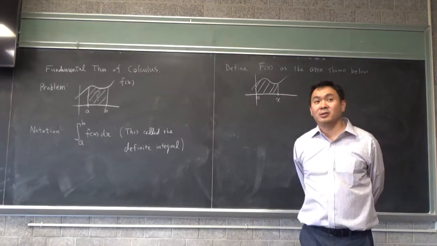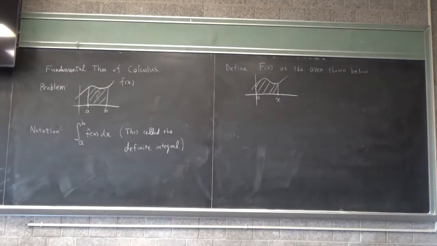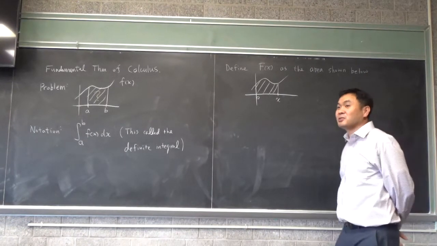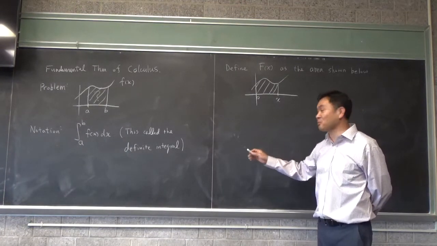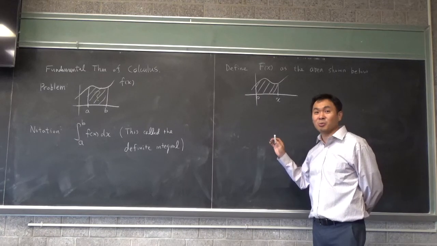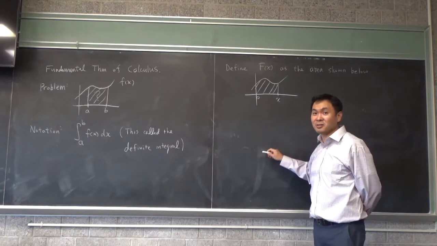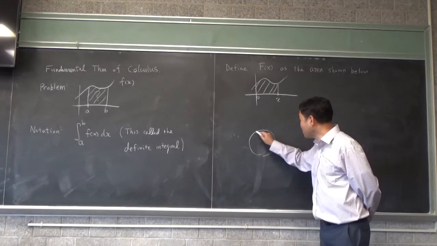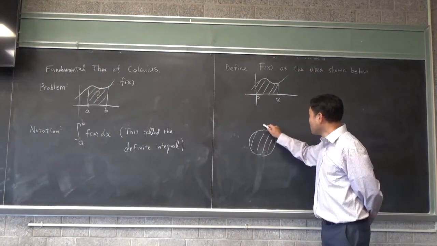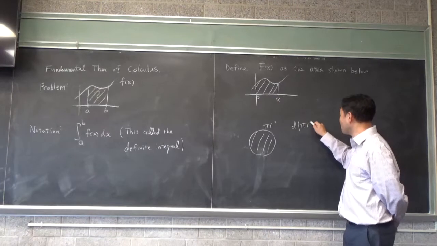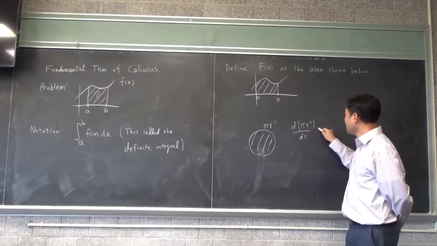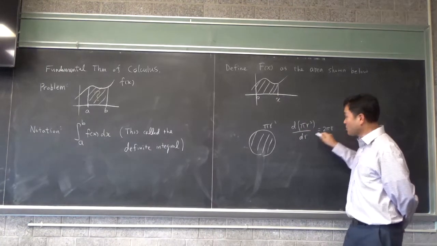Okay. And we're going to study this function using the same principle that we talked about when we differentiated the area with respect to the radius of a circle, right? We learned that if you take the area of a circle, pi r squared, and differentiate with respect to r, you get 2 pi r, which is the circumference of the circle.